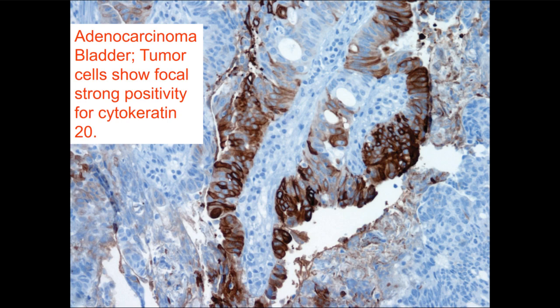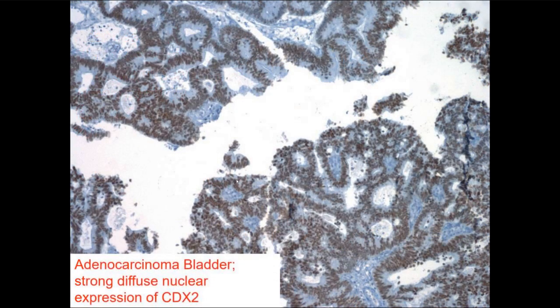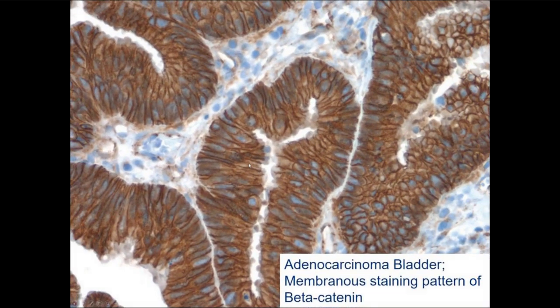They can show strong staining with CK20, and they can show strong staining with CDX2. So they're indistinguishable in IHC profile from a colonic adenocarcinoma. This is a membranous staining pattern, and again, note negative nuclear staining with beta-catenin.